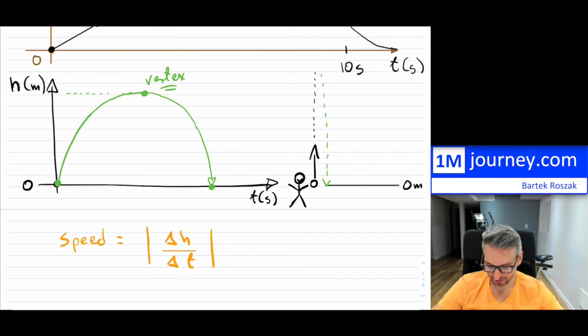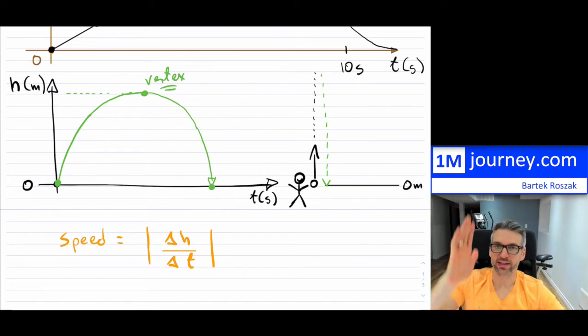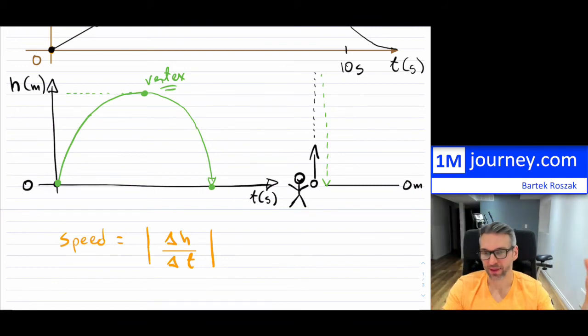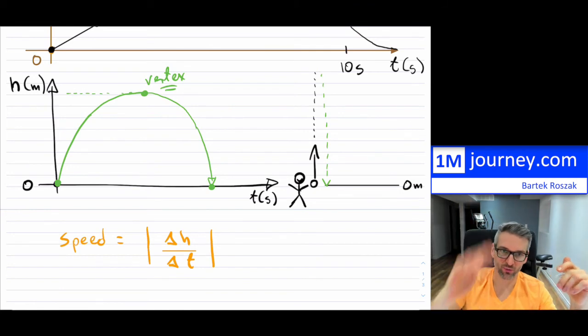I'm putting the absolutes because I'm not interested in the positives and negatives, just the actual speed at that particular point. Of course, we can give it a direction going up or coming down, but for now I'm just interested in what the actual speed is.